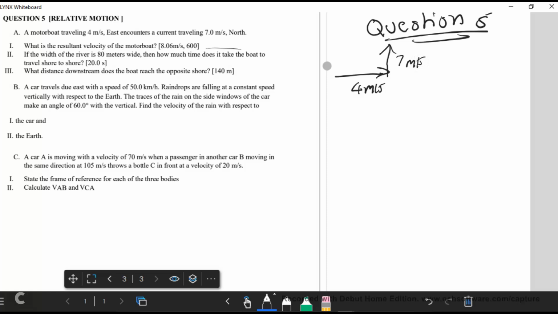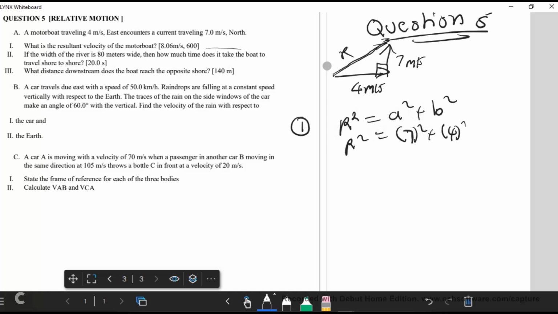What is the resultant vector? The velocity of the motorist. Which velocity is that? This is the resultant, because here it's perpendicular, so the resultant now will be this. So how do you find that one? I want you to remember the Pythagoras theorem, where it states r squared is equal to a squared plus b squared. Then here you just say 7 squared plus 4 squared. R squared is equal to 49 plus 16.